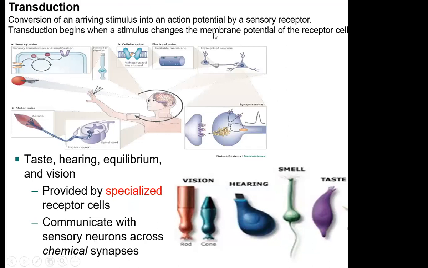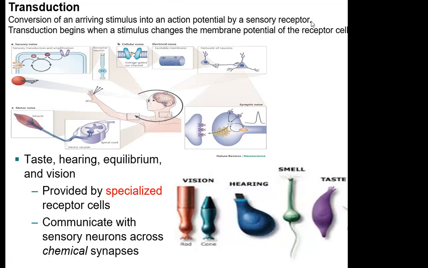So here's a new word. Highlight this word or circle it, transduction. This is the conversion of that arriving stimulus into the action potential by the sensory receptor. Okay, transduction begins when a stimulus, we always start with the stimulus, changes the membrane potential of the receptor cell.